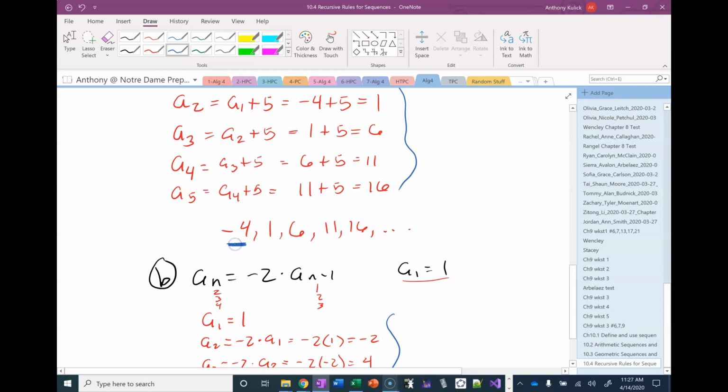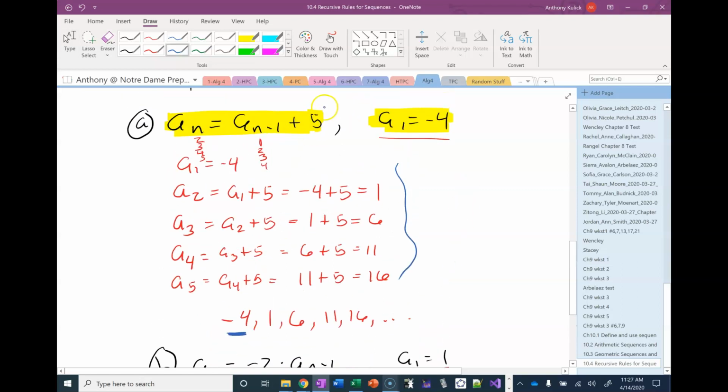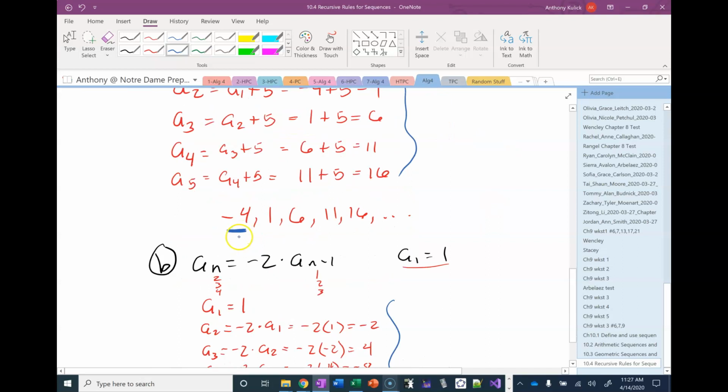We know the first term is -4. And because of the form of this, we know it's arithmetic, and we know the d is 5. So I could just be adding 5 each time, because that's really all I'm doing.